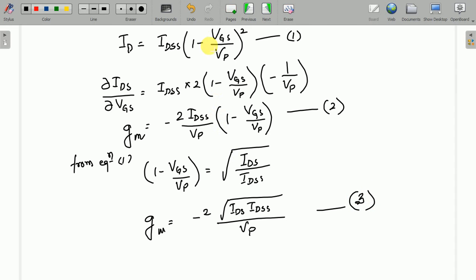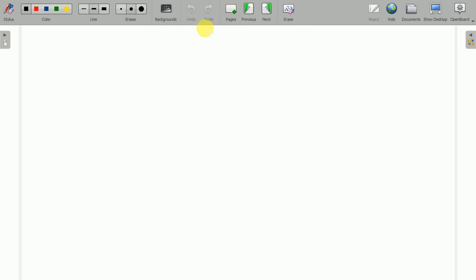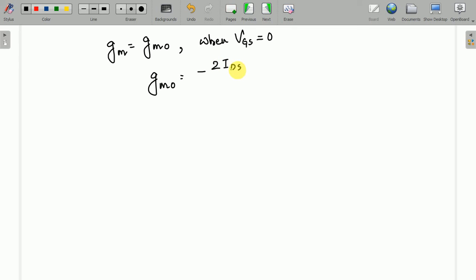Now if we write GM as GMO when VGS is equal to 0, then GMO is equal to minus 2 IDSS divided by VP.